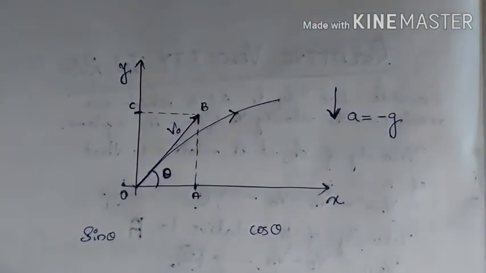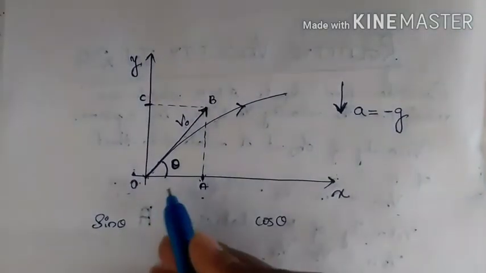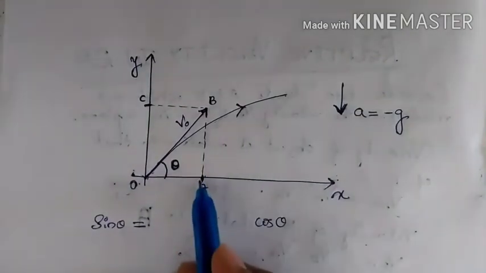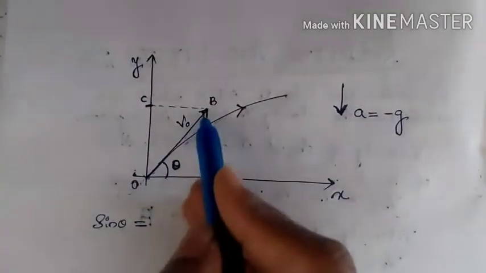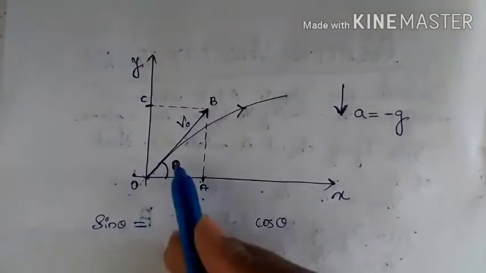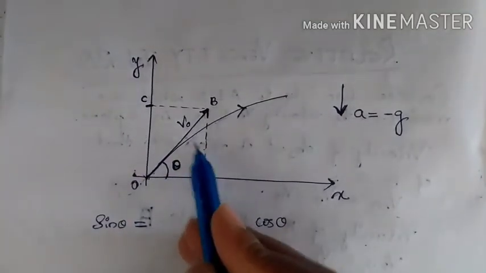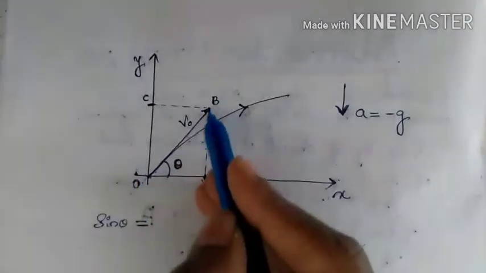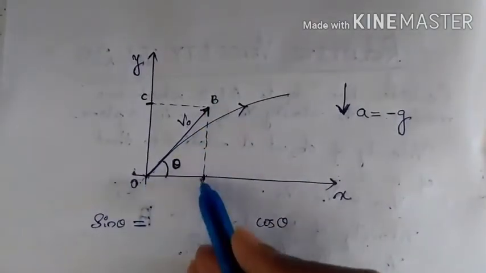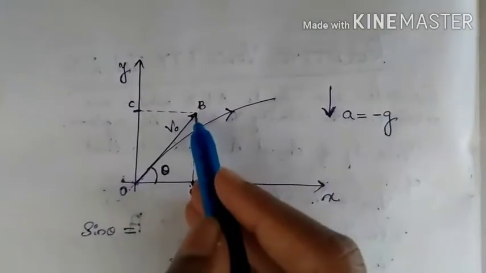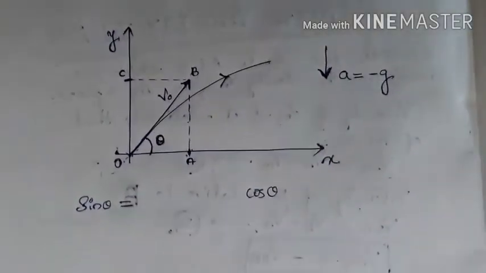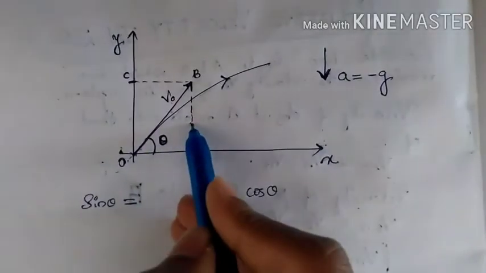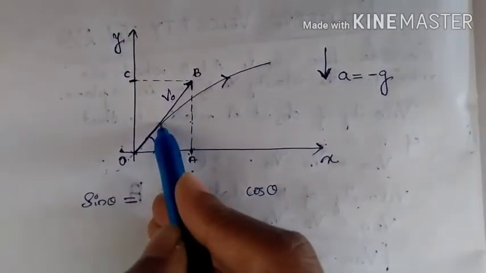To get sine theta: sine theta will be AB divided by OB. Sine theta is equal to the opposite side divided by the hypotenuse of a given triangle. Here we are considering the triangle OAB. From this triangle, sine theta will be opposite divided by hypotenuse.